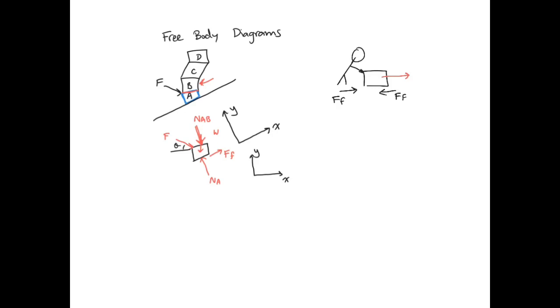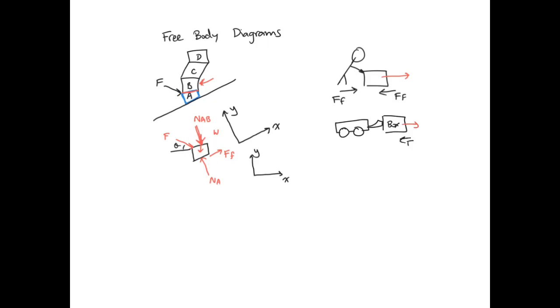Let's say you have a tractor that's pushing the box. This is sort of like the front part of the tractor that's pushing against your box, and it's still going in the same direction.